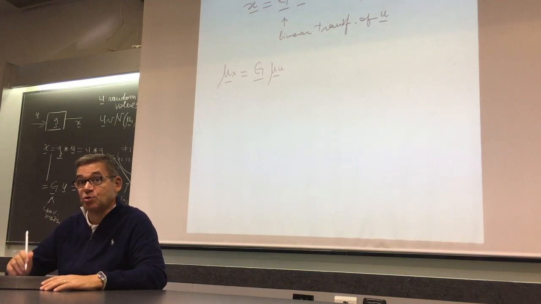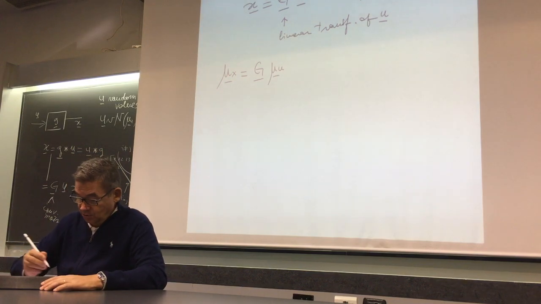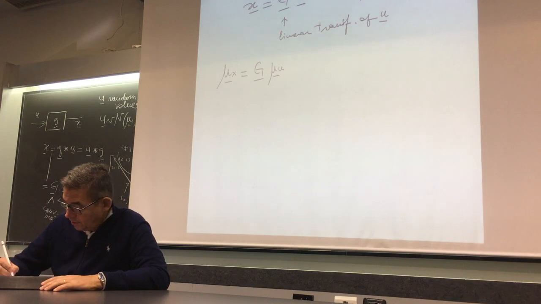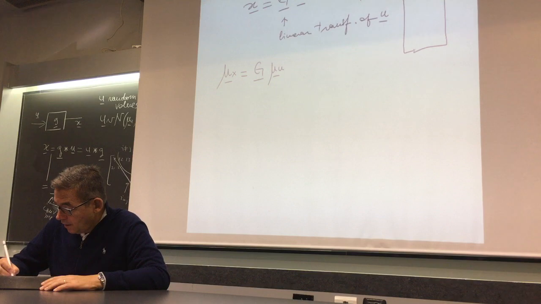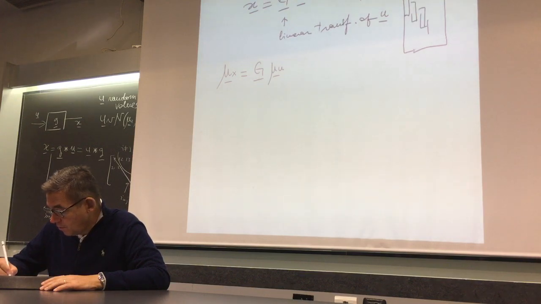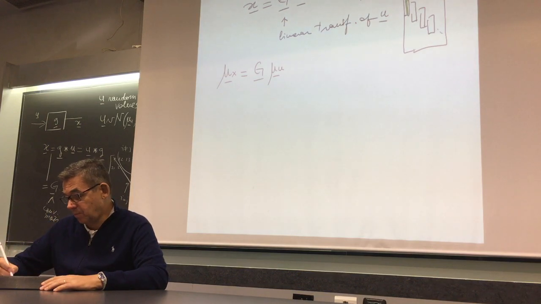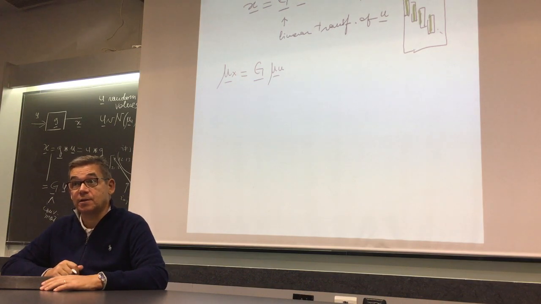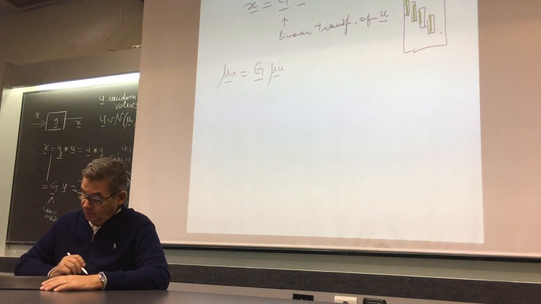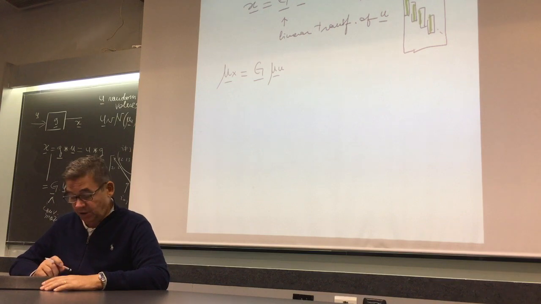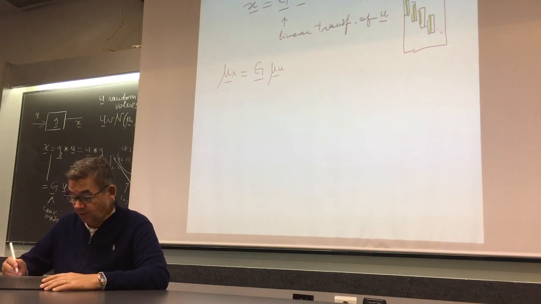Remember, g is a convolution matrix. So g is a linear transformation of u, a matrix with all the entries, which is the behavior of a convolution matrix. So the mean is composed in this way.